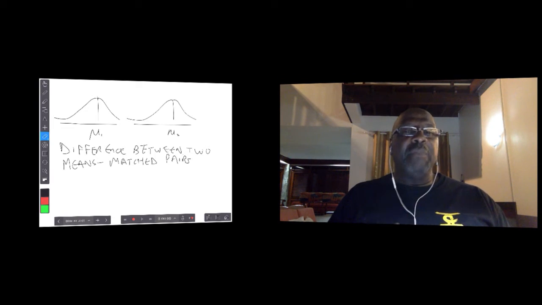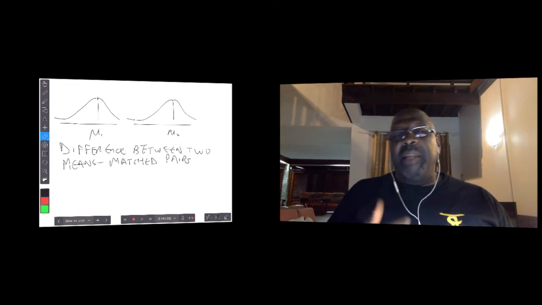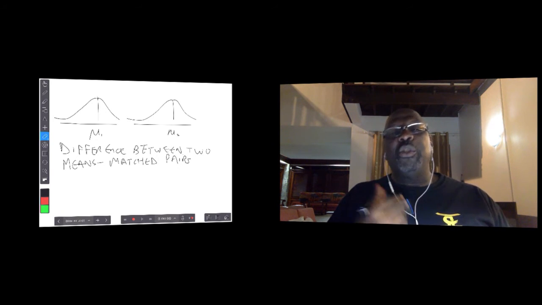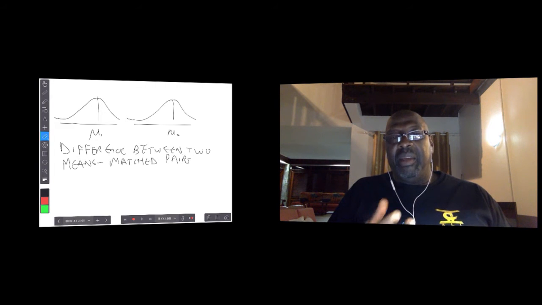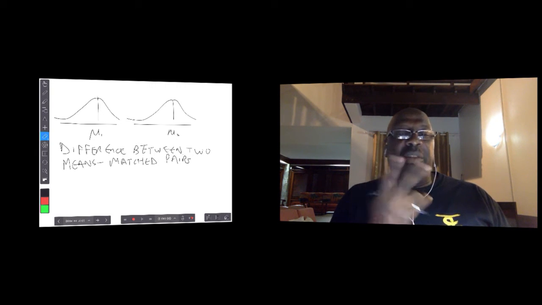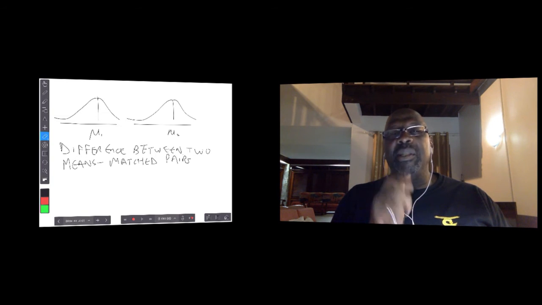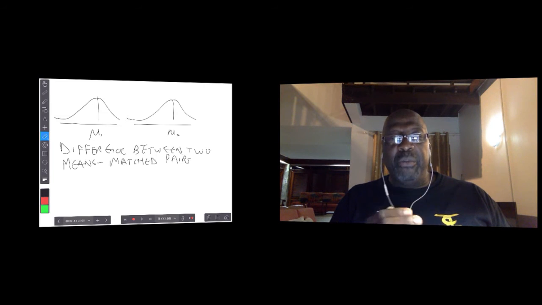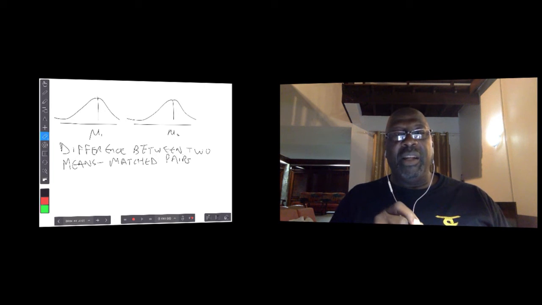So we would take a random sample of, say, 10, 15, 20 employees, so sample size n, and get them to do the task and then measure the performance. Then we train them with the new technique and then turn around and measure the performance again. And the difference between the two performances of the same individual gives you a measure of the improvement as a result of using this new technology.